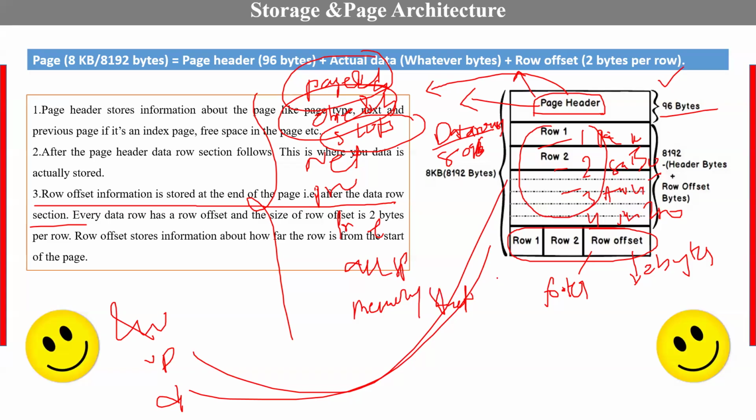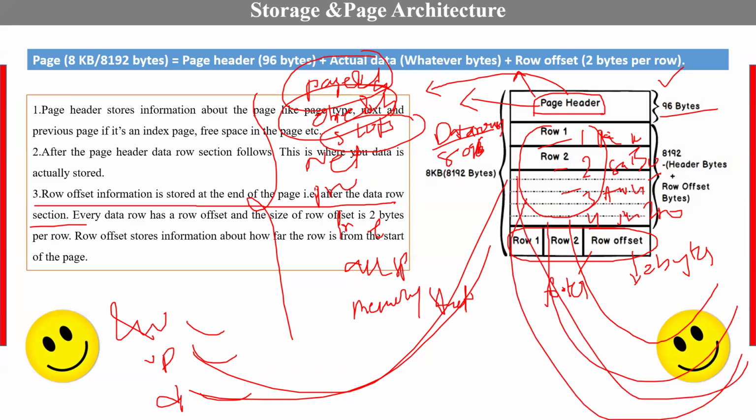Data rows contain the data, and row offset contains the record ID information. Whenever you insert, update, or delete, it will go through the footer only and load the data in the data row section. That is what happens in the background, sir.